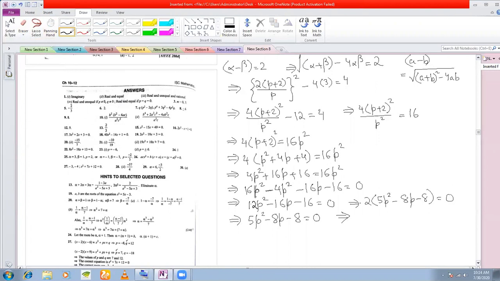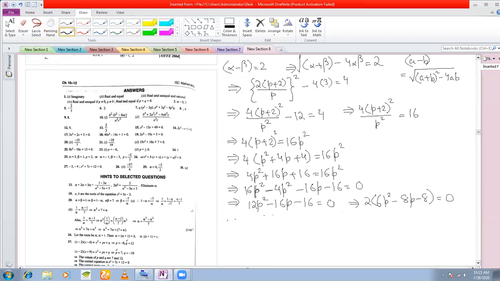Now if I take 2 common, I'll get 6p square minus 8p minus 8. 6 into 8, 48. 12 into 4, yes, 12 and minus 4.